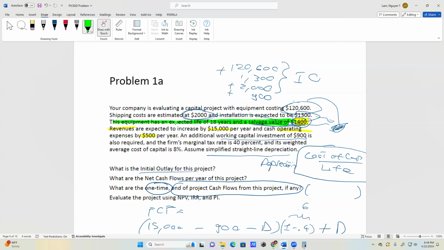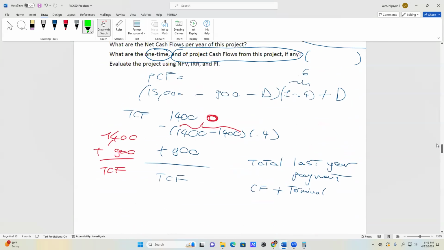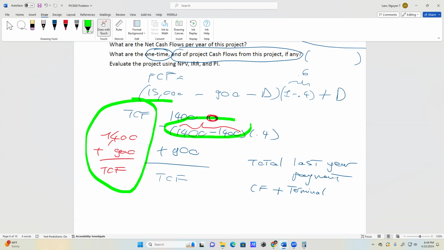When it says the salvage value of, whenever you see that, they are referring to the 1,400 minus 1,400 in the tax effect on the terminal cash flow calculation. This part right here.